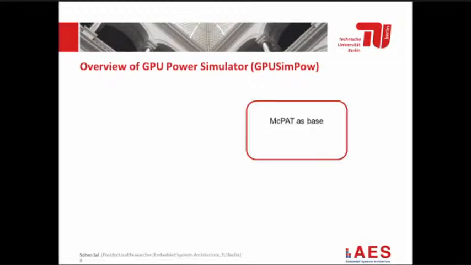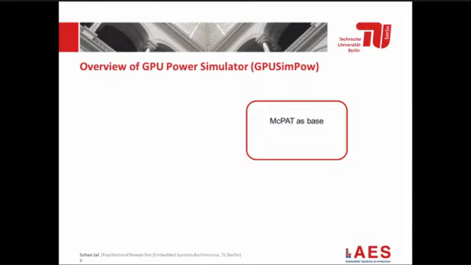So how did we derive the power simulator for the GPU that we called GPUSimPow? We use McPAT as a base. I'm not sure how many of you know McPAT. McPAT is a CPU power simulator, basically a tool for estimating the power consumption of the CPU. We use McPAT as a base because there is a lot of similarity between CPU and GPU architectures, so we can reuse some of the existing infrastructure.